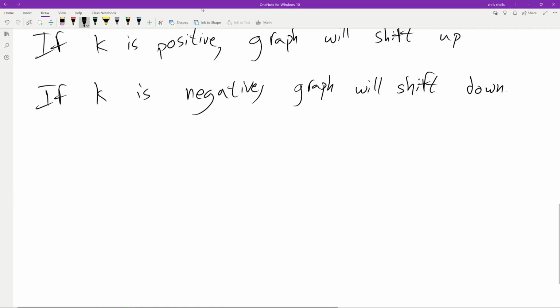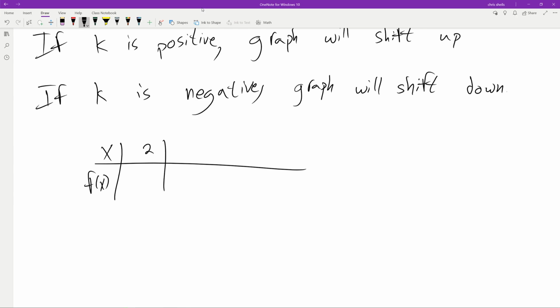So let's look at a function in terms of a table here. Let's look at this function f of x from this table. We have a table of x values and f of x values. For x values we have 2, 4, 6, and 8. For f of x I have 1, 3, 7, and 11.